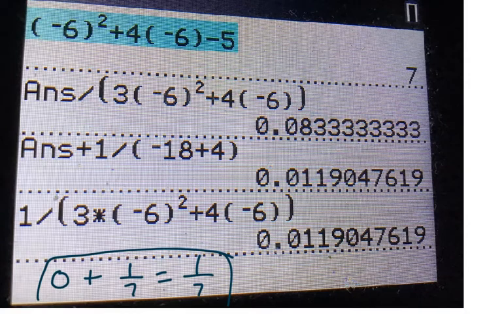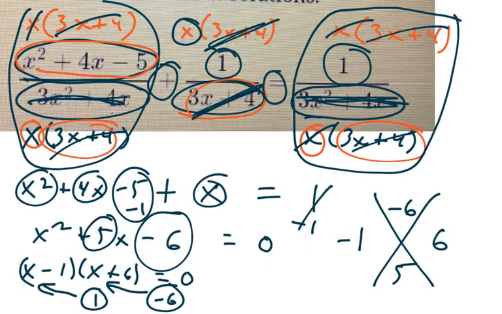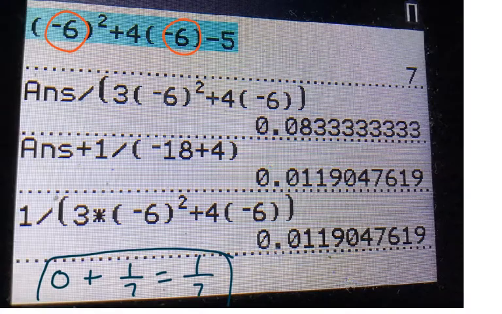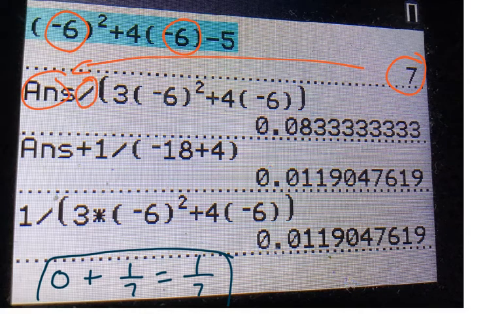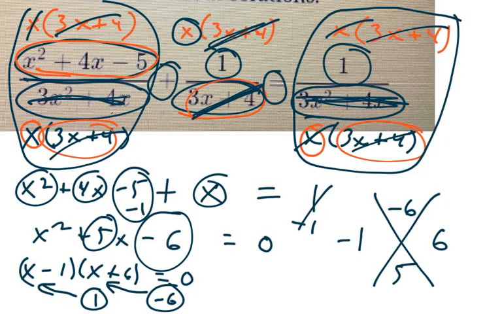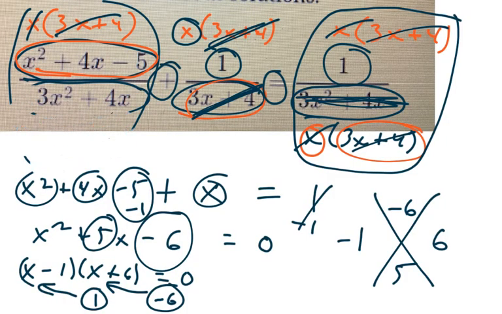So once again, let's start by checking the -6 answer. Follow the red here, guys. I plugged in -6, as you can see, into this expression right here. And I got a 7 to start out with. Now notice, I'm going to take that answer, divide, and notice how I use the parentheses here, because this is the denominator, right? Let me clean this up here a little bit.